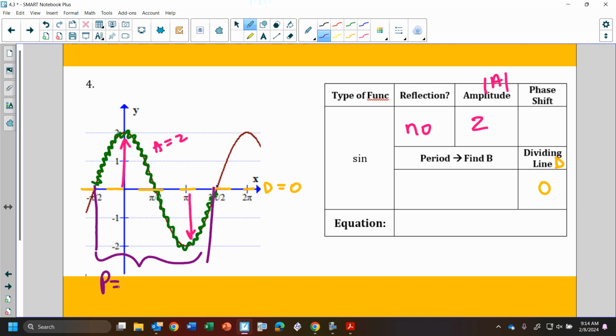So subtract those bookends for me. This is 3 pi over 2 minus negative pi over 2.